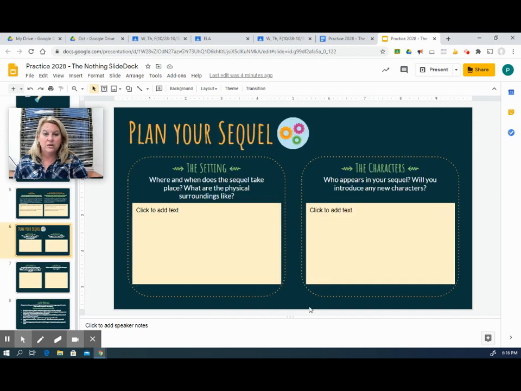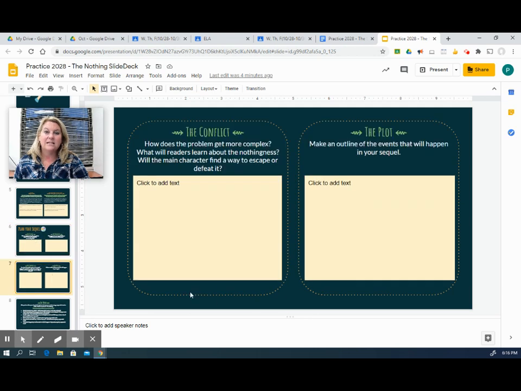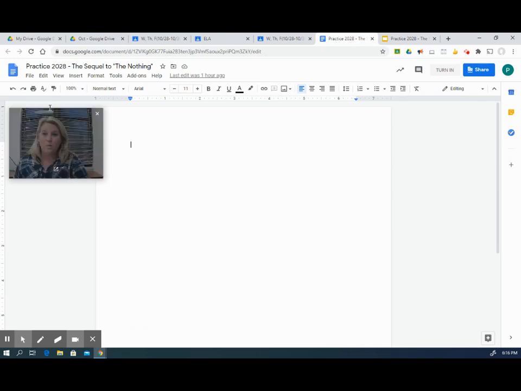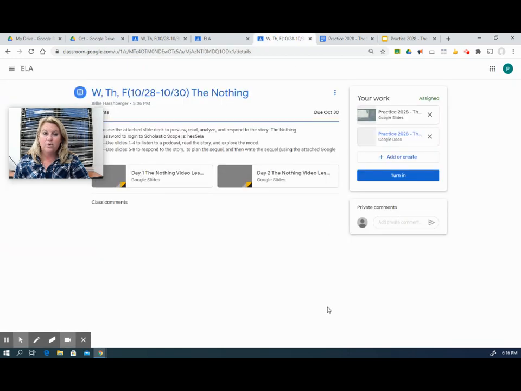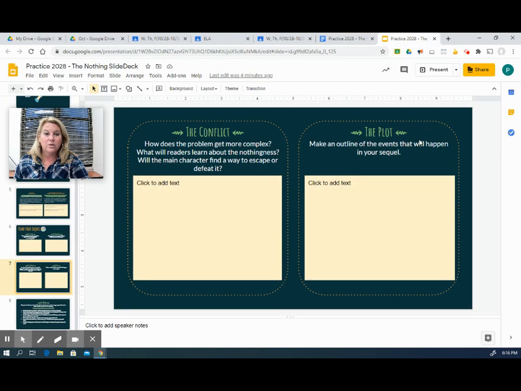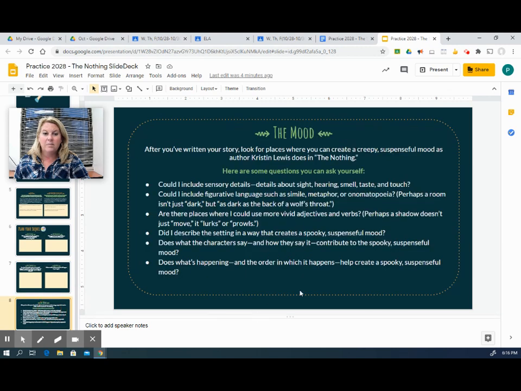Then you're going to plan your sequel using slides 6 and 7. Then you're going to go back into your work and you're going to actually type your sequel here. And then you will go back to this last slide and make any changes, keeping these things in mind. Then you'll turn that in.